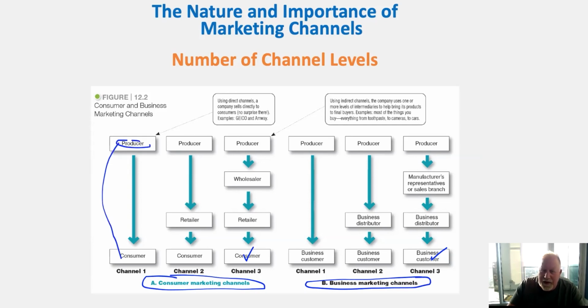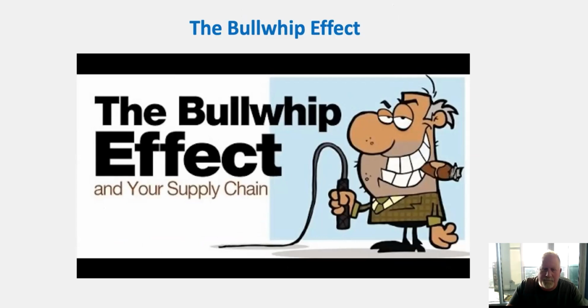As a result, you have a communication that takes place here, one that's here, and one that's here. That causes something called the bullwhip effect, and that's when information does not make its way efficiently downstream from the producer to the consumer. We're going to watch a little video to learn more about the bullwhip effect.